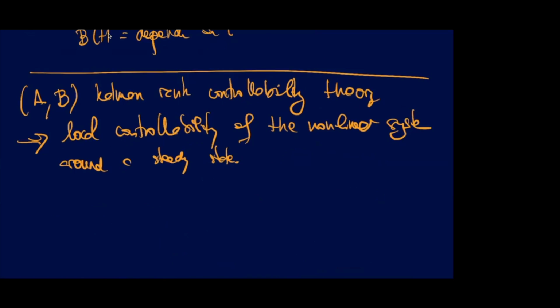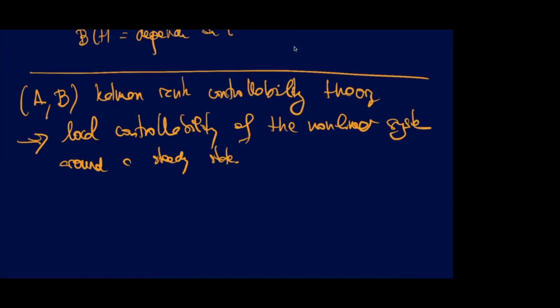You will tell me, maybe you are not interested in small variations. So I'm sitting on my office chair, so this is a steady state configuration. What does local controllability mean? It means that out of this steady state configuration, I can rotate a little bit and continue sitting, so a small variation.